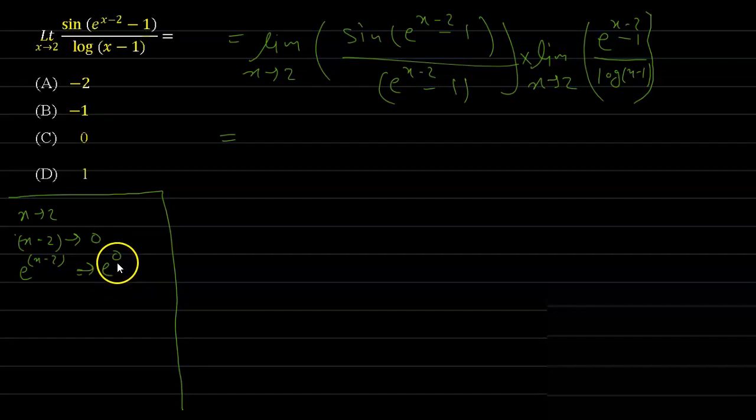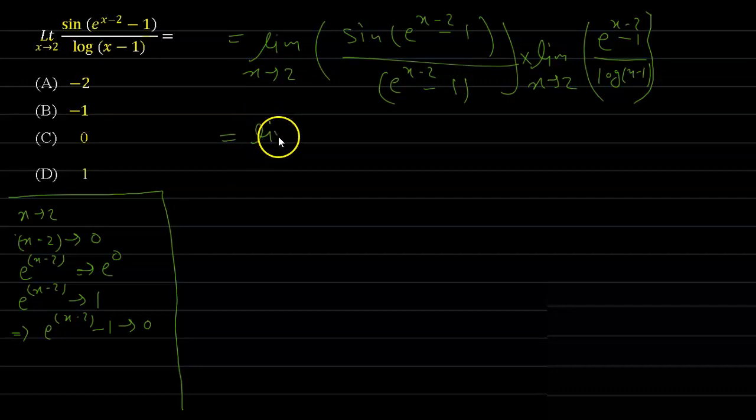The value of e to the power 0 is 1. Then e to the power x minus 2 tends to 1. If you take 1 to the left side, then e to the power x minus 2 minus 1 tends to 0. So in place of x tends to 2, write e to the power x minus 2 minus 1 tends to 0, because further we apply some limit property to solve this.